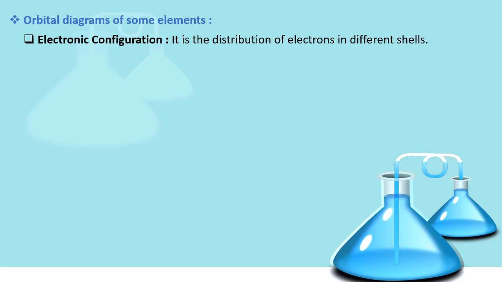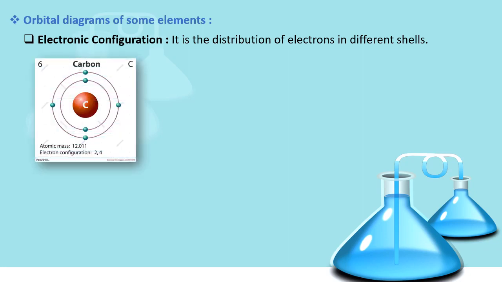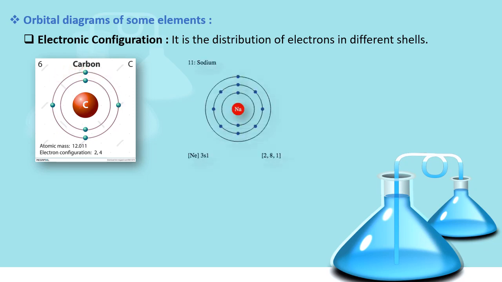Let us see with the example. Here it is carbon atom. Its atomic number is 6, so its electronic configuration is 2 4. It means in the first cell there will be 2 electrons, and in the outer cell there will be 4 electrons.